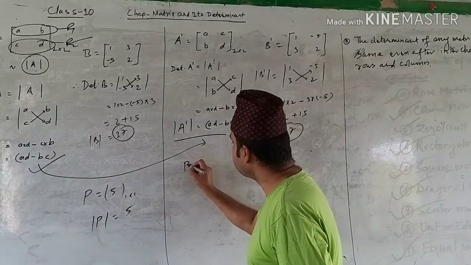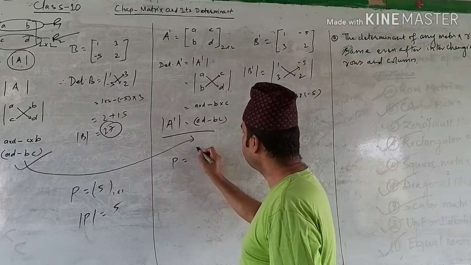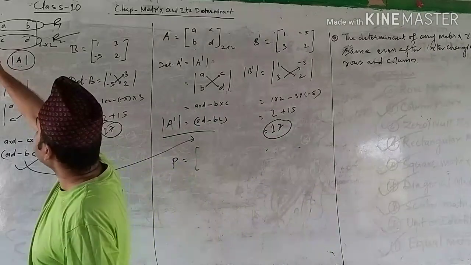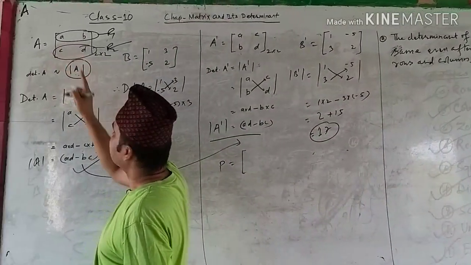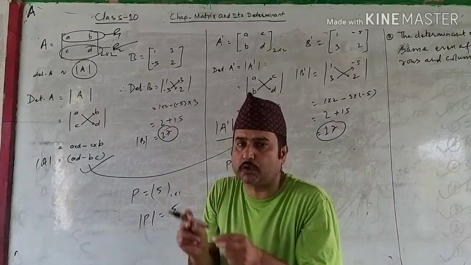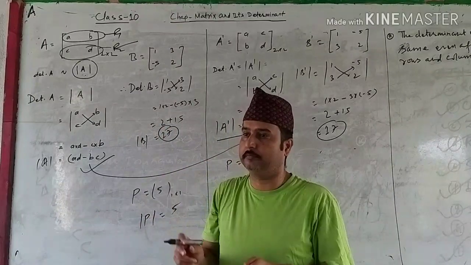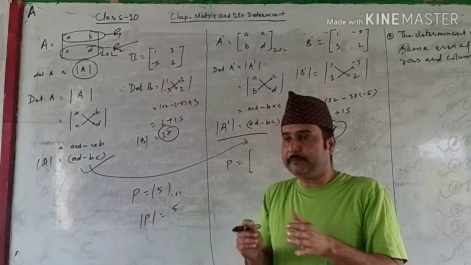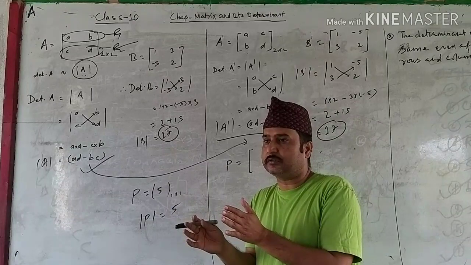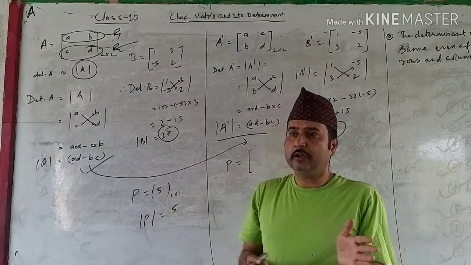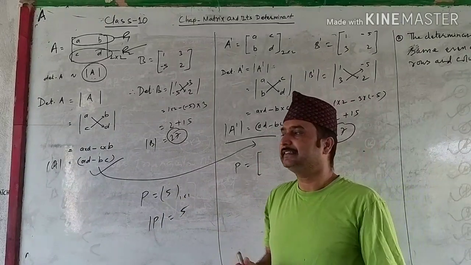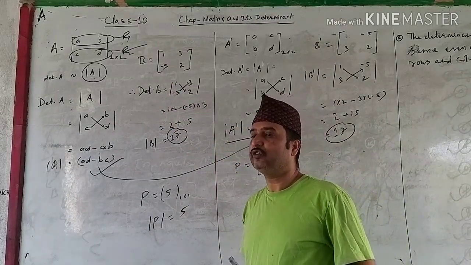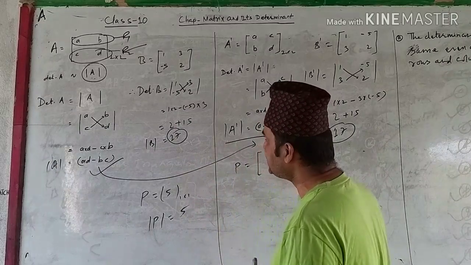Here, I am taking matrix P, and matrix A has elements a, b, c, d. Now, either you interchange rows or you interchange columns. The next property is that if you interchange rows, or if you interchange columns, then the value of the determinant will not change, only the sign will change.